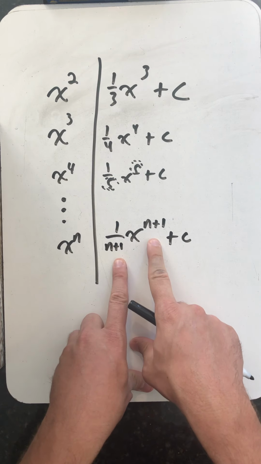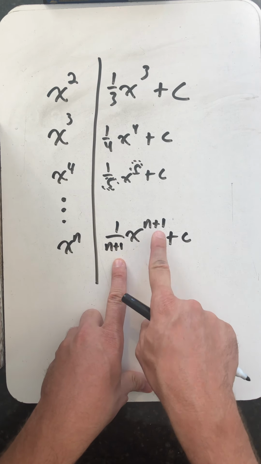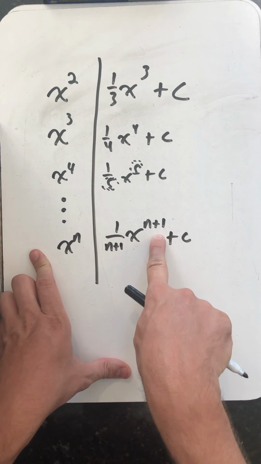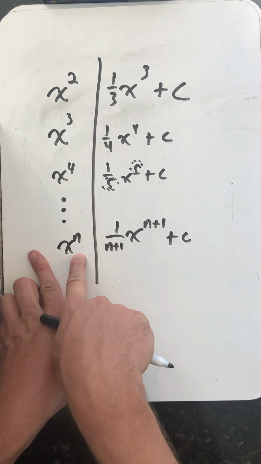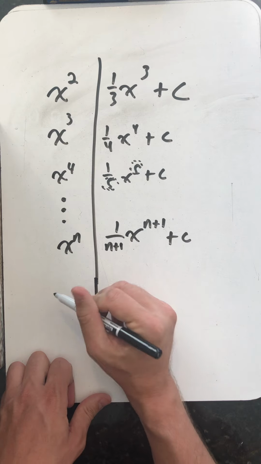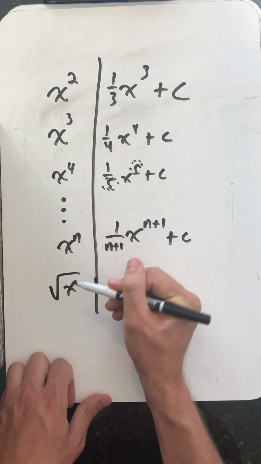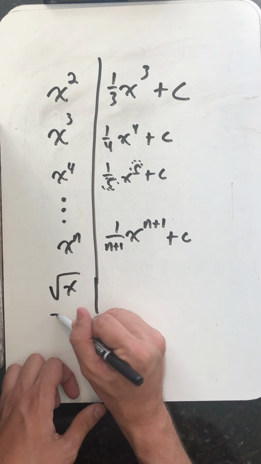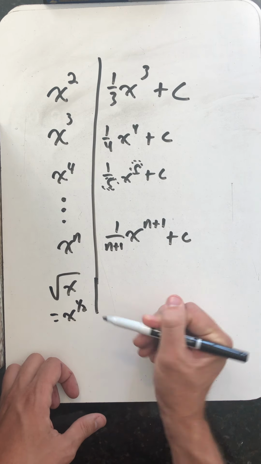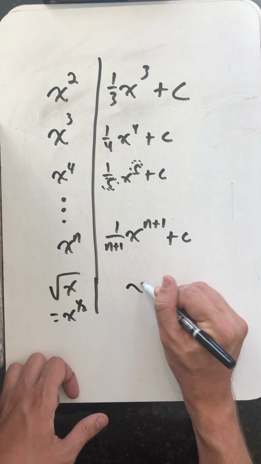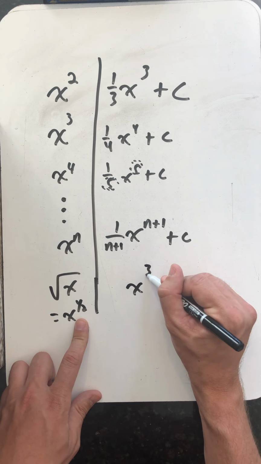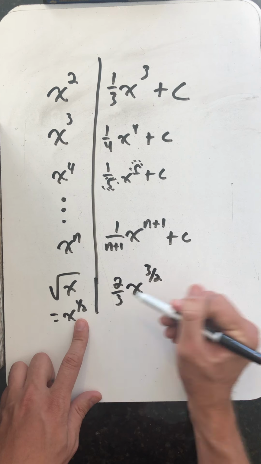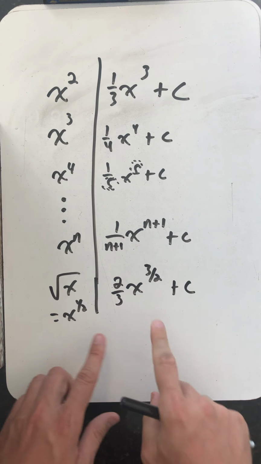All right, well, we can imagine taking a derivative. I'd have to multiply that down. n plus 1 over n plus 1 would give me 1. Take 1 away from the exponent and have x to the n. But let's make sure that this didn't just work for whole numbers. So let's imagine I have the square root of x, and we all know the square root of x is x to the 1/2. Add 1 to that, and I'll get 3/2. Dividing by 3/2 is the same as multiplying by 2/3.